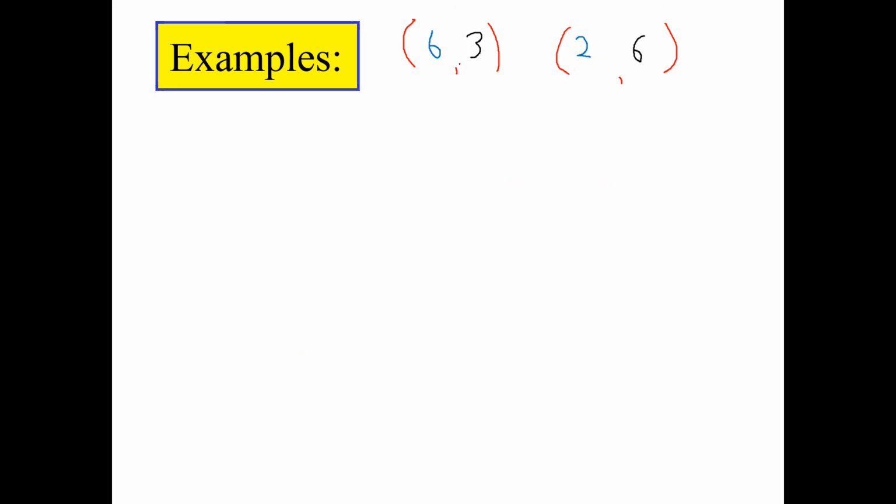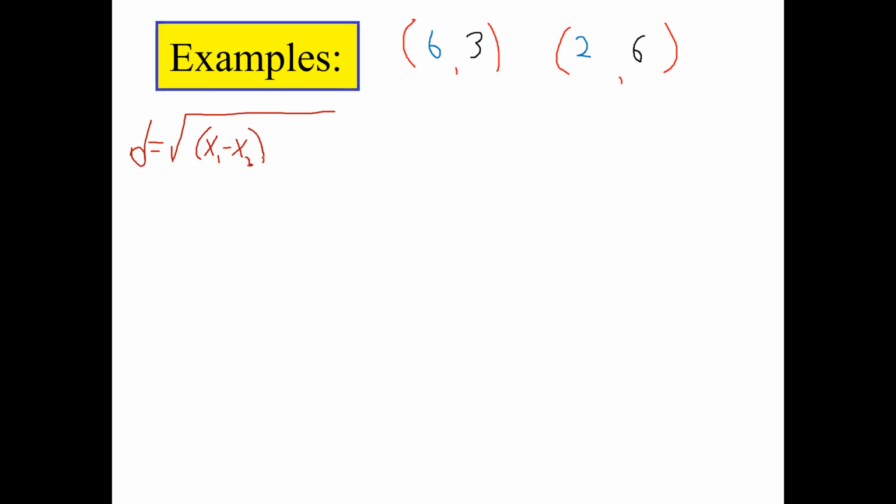We have 6, 3, and 2, 6. First thing I need to do is, let's just go ahead and write out the entire distance formula. So we have d is equal to the square root of x1 minus x2, which again, this could also be x2 minus x1.